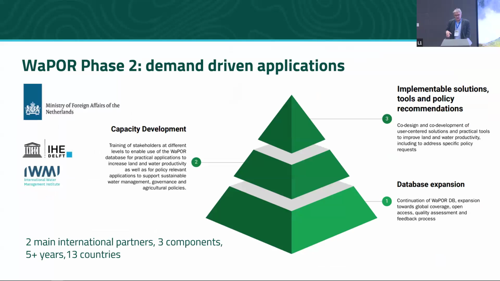The system is set up as follows. We have the database, as I just explained. Then on top of that, we have a program on capacity development on how to use the data, and on top of that, we get to the actionable applications, and we discussed that also in the earlier session, because that's basically what you want.